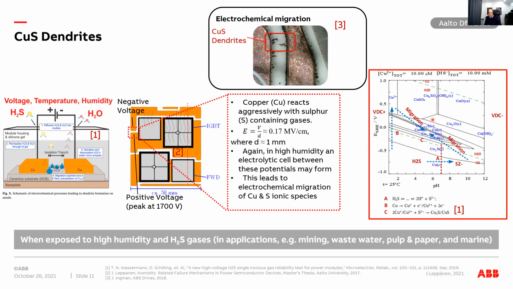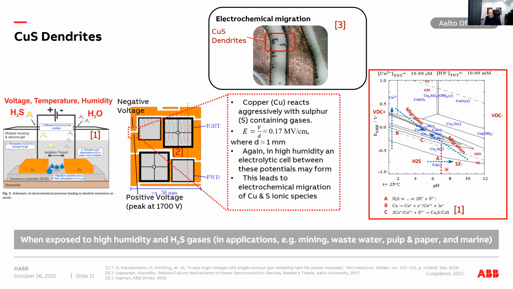This is how it's best explained at the moment, but it's not 100% sure. Is this reaction correct, or has there been a misinterpretation of the possible reactions? But at least this Pourbaix diagram should give us a nice overview of what can happen, and this is one likely explanation.